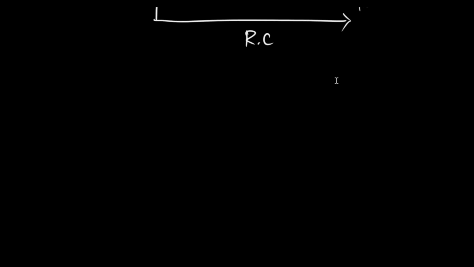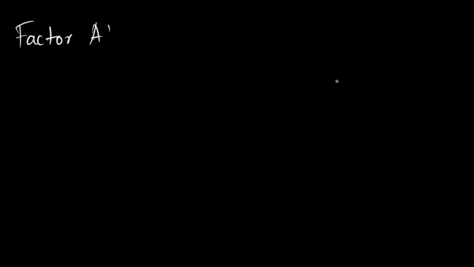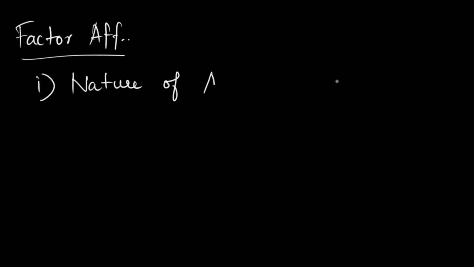So what are the factors that can affect the SN1 reaction mechanism? The first factor is, of course, the nature of the alkyl group. Because you have to remember one thing, the carbocation formation step is very important in this mechanism.